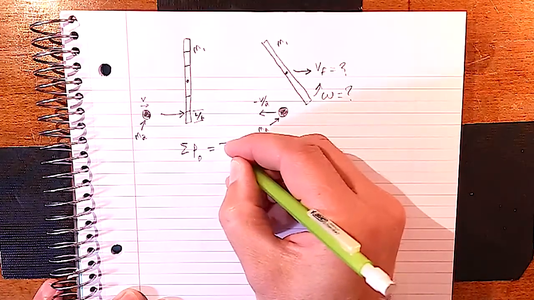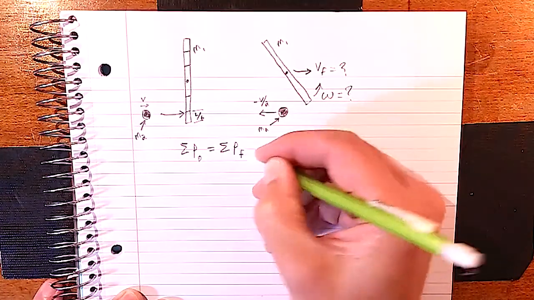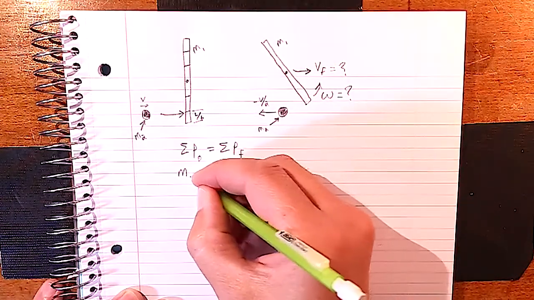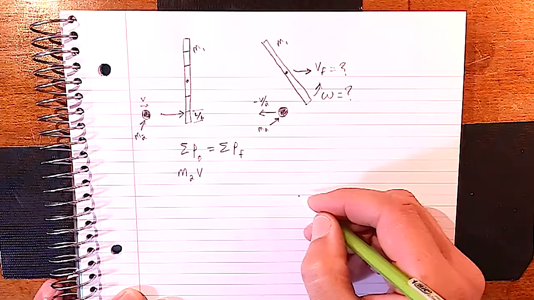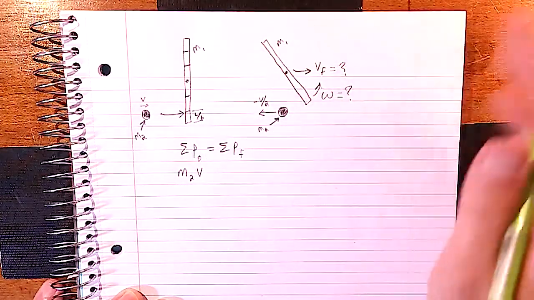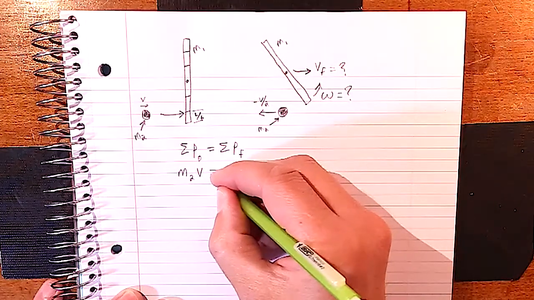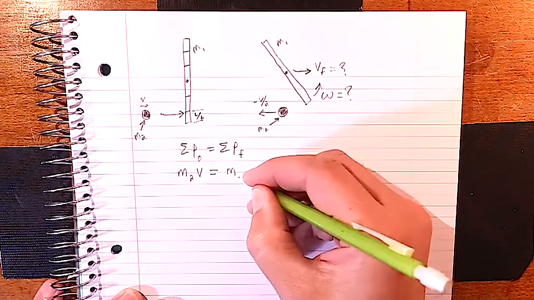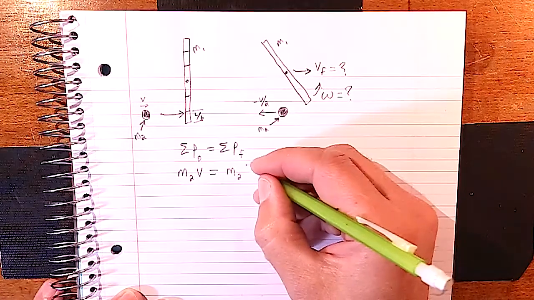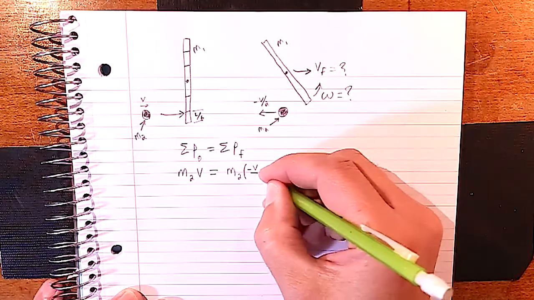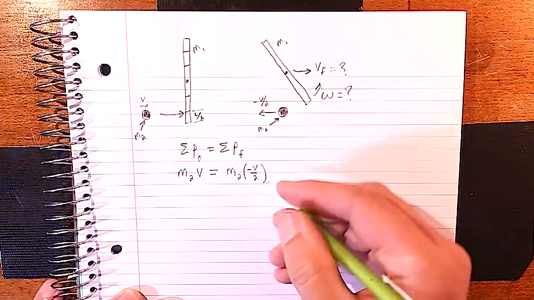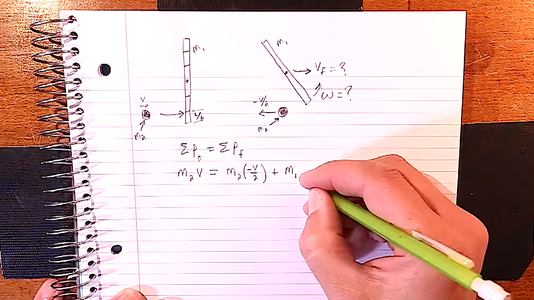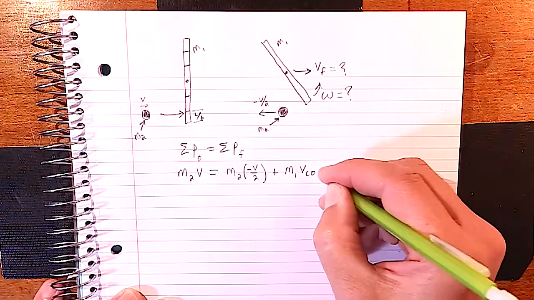So we have sum of the momentum initial equals sum of the momentum final. And what do we have coming in here? We have mass 2 comes in at velocity v. This isn't moving, so it has no linear momentum. Then they crash into each other, and we have m2 bounces off at -v/2, so that's the ball, plus m1 of the rod times v com.